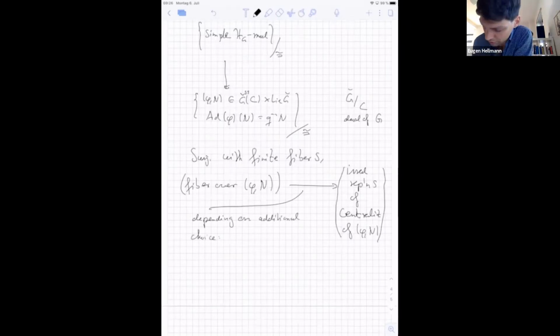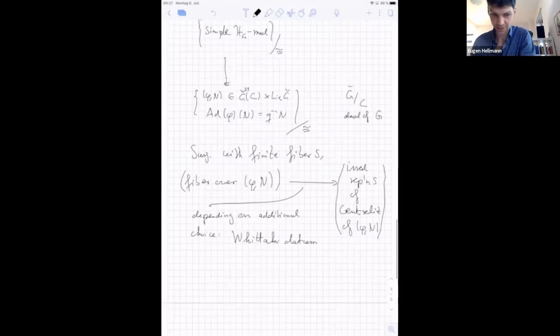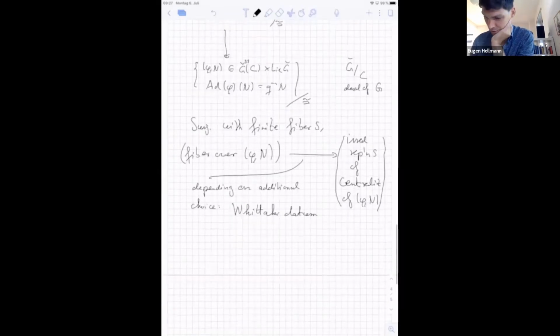Which is called a Whittaker datum. And this will be a choice which in some sense later will come up in my construction, and hence I want to stress that in the parametrization of irreducible representations, it actually occurs.